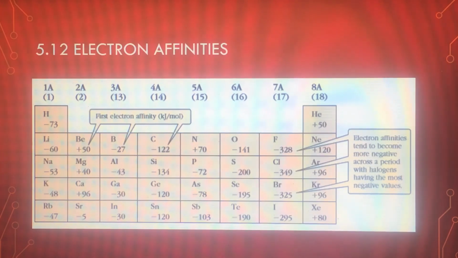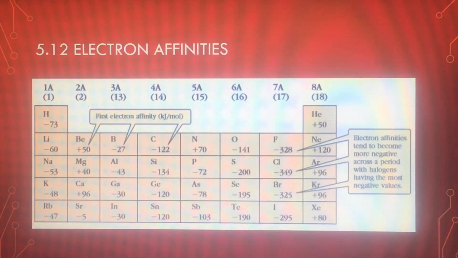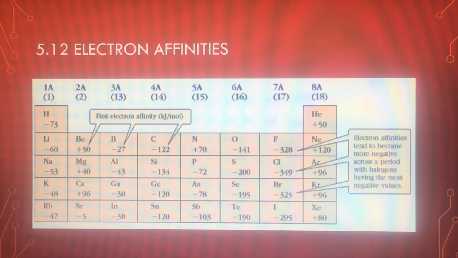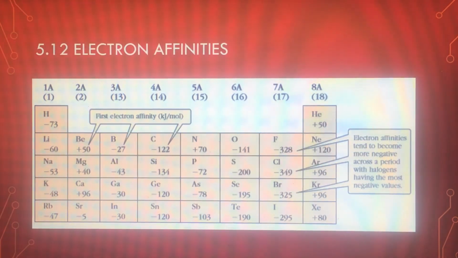As we look at electron affinities across a period, we do not have a general trend. But down the group, we have a periodic trend for electron affinities. As we can see, down the group it is becoming less negative.